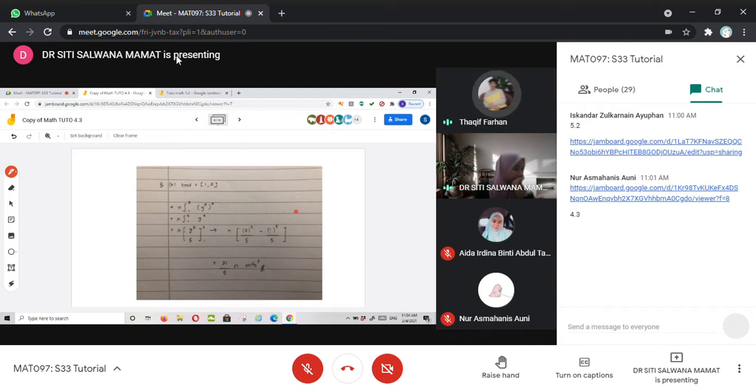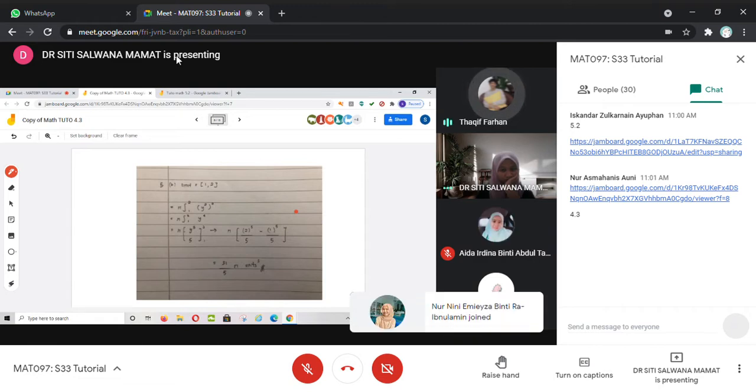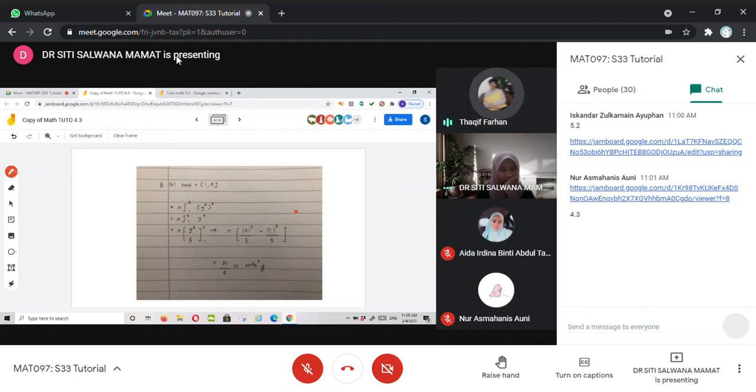So in general equation, pi integrate limit 1 to 2 of y squared squared, and you will get y to the power of 4. And after that, we integrate y to the power of 4. So we get pi y to the power of 5 over 5. And we substitute the limit into the equation, and final answer is 31 over 5 pi.